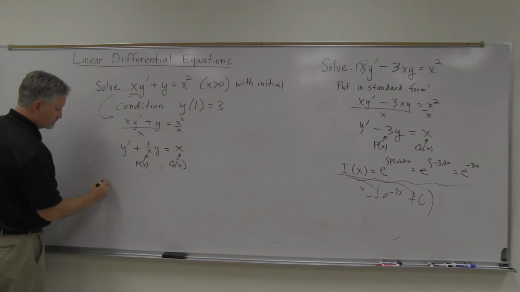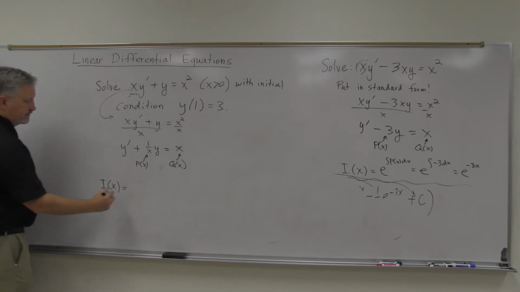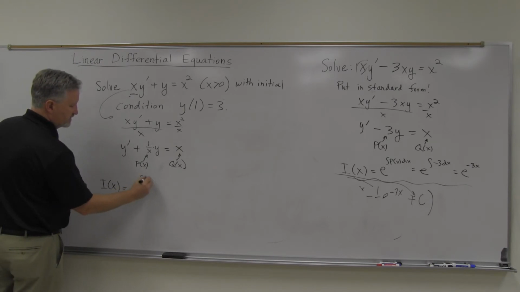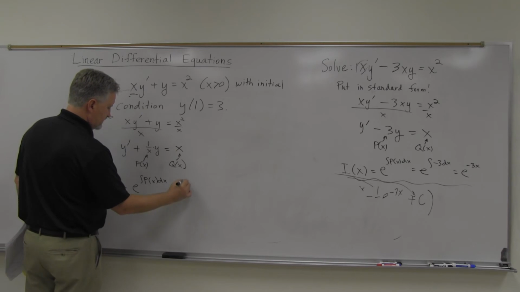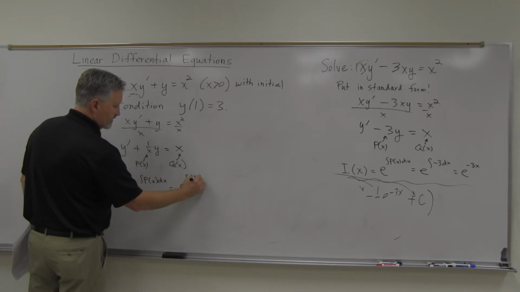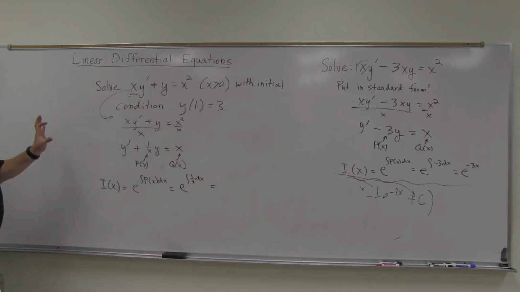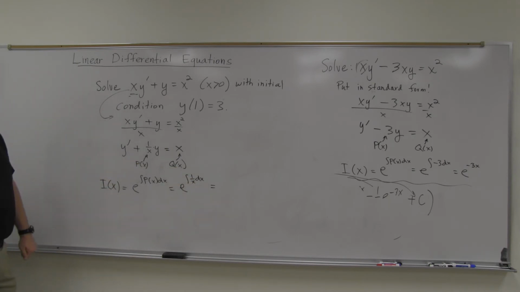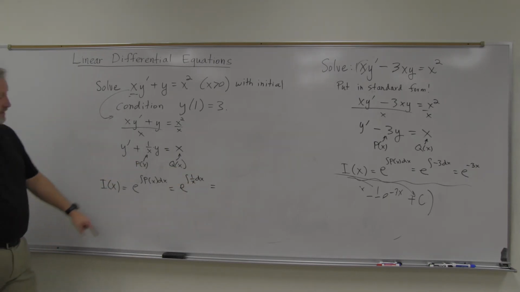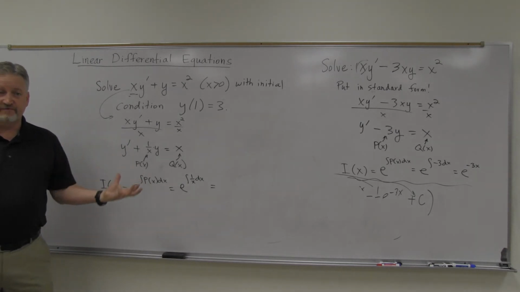So the way we're doing it is we're getting this integrating factor I of x, which is e to the integral p of x dx, which is, in this case, e to the integral of 1 over x dx. Well, the integral of 1 over x is ln of the absolute value of x.